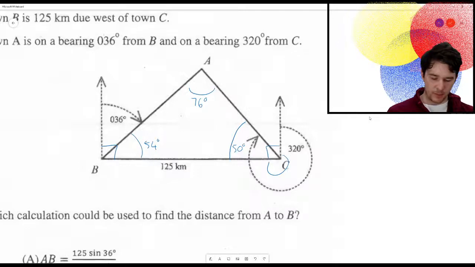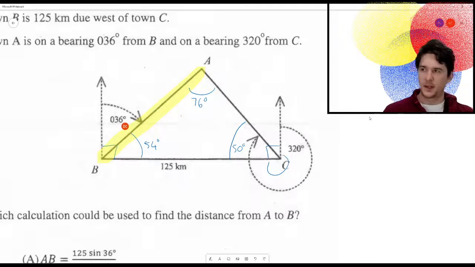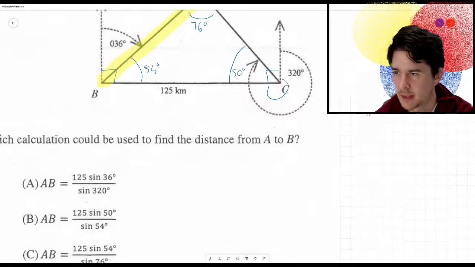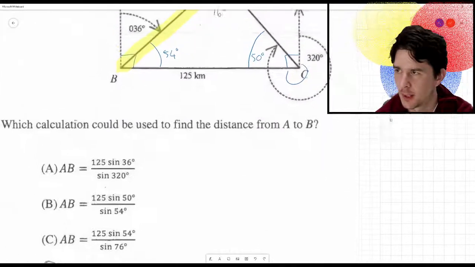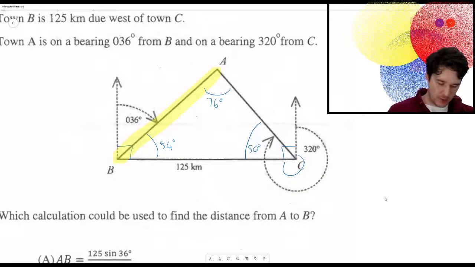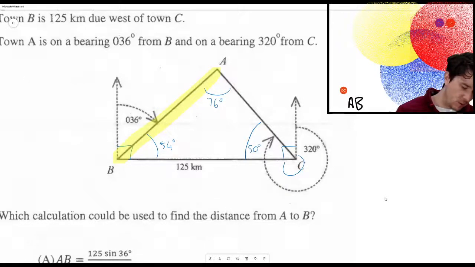And so we want to find the distance of the journey AB. And we can see from the choices that we've been given that we're going to be using the sine rule. It won't be the cosine rule, so we don't have to consider that. It's obvious, I hope, that one side of our sine rule is going to be AB over sine 50.